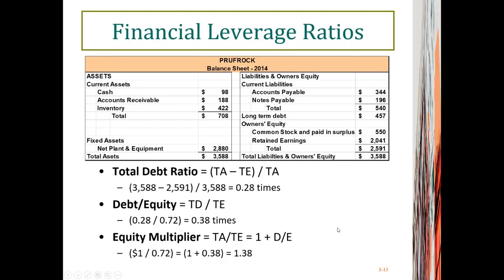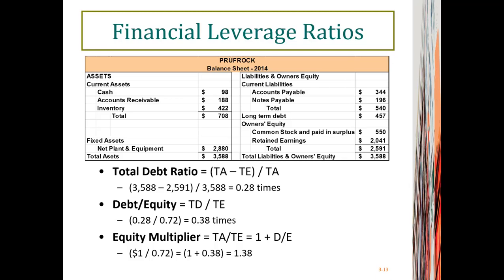Now let's take a look at the financial leverage ratios, which show how a company's operations are leveraged by borrowing money from long-term debt and current liabilities. And here we have three major ratios to look at.